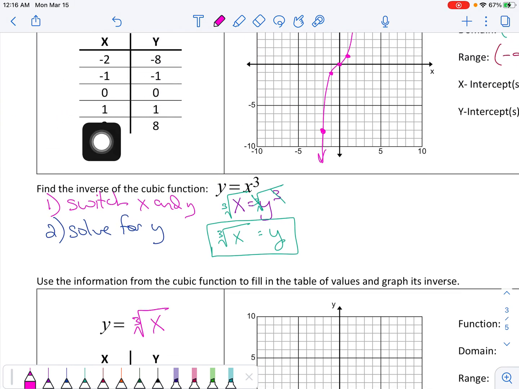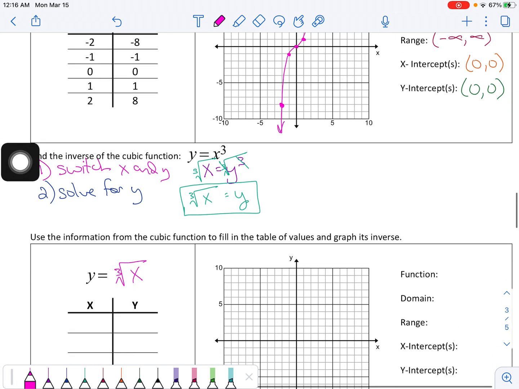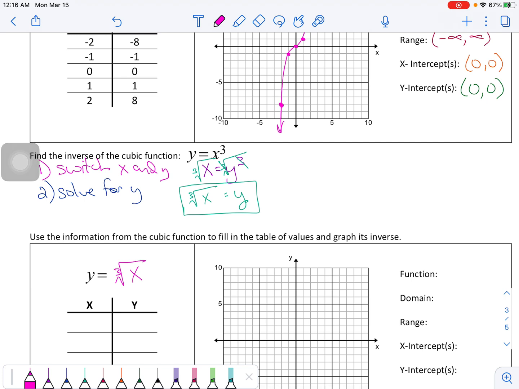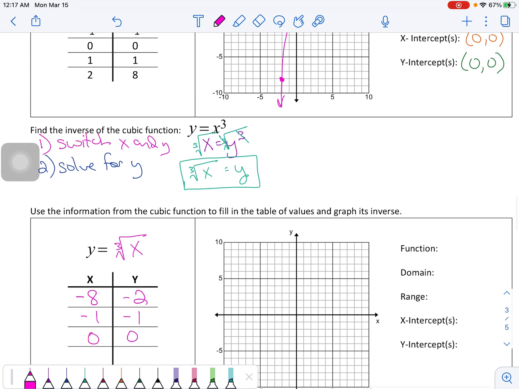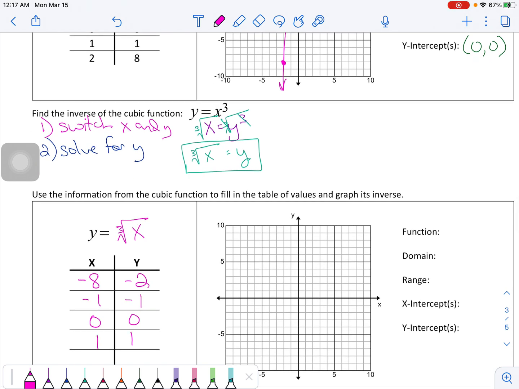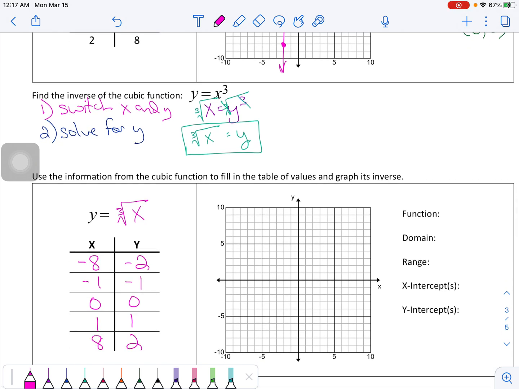We're going to switch these x and y values from this table for the inverted function. I know I'm going to say that word right eventually. All right, so negative 8, negative 2, negative 1, 0, 0, 1, 1, and then 8, 2.